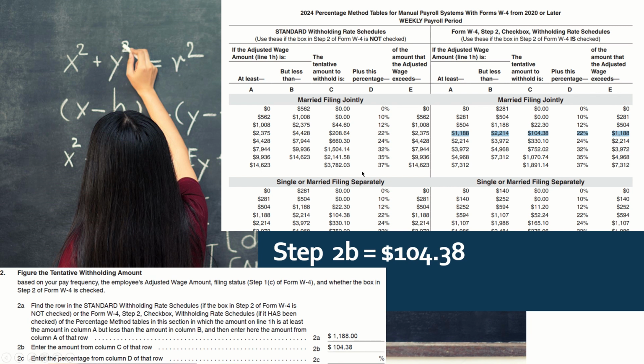Enter the amount from column C of that row, $104.38. Enter the percentage from column D of that row, which is 22%.